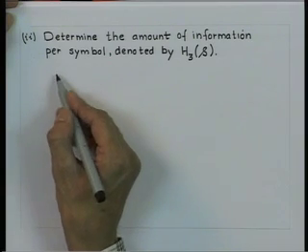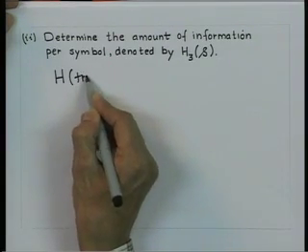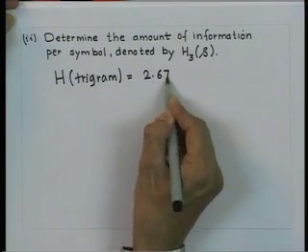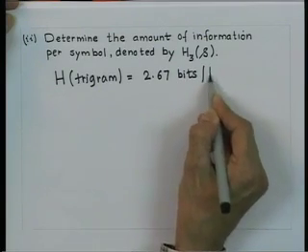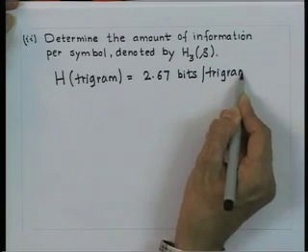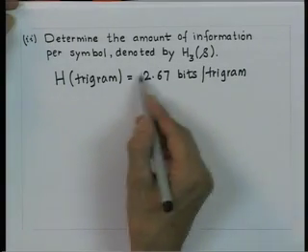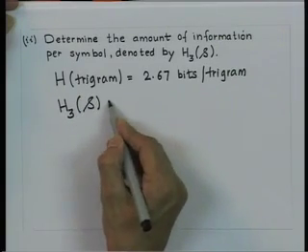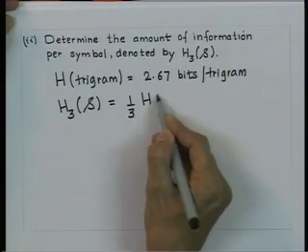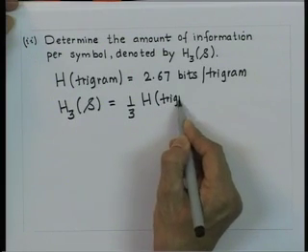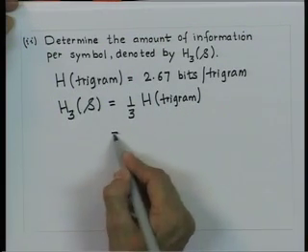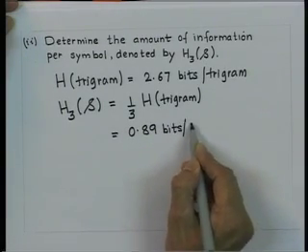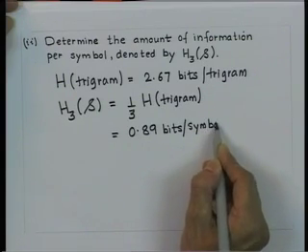Since I know my H of trigram was equal to 2.67 bits per trigram, H3S is 1 by 3 H of trigram, and this is nothing but 0.89 bits per symbol.